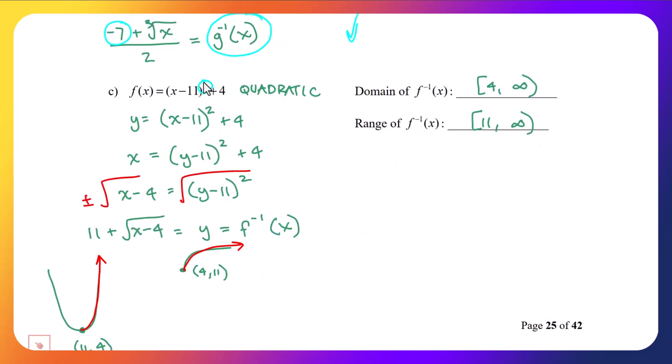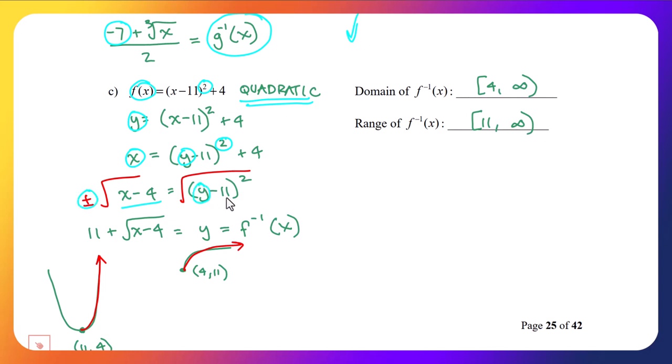Obviously, this is quadratic, it's second degree. Replace f of x with y, switch x and y, kick the 4 over. To get rid of the squared, I take the square root of both sides, and I get plus or minus.